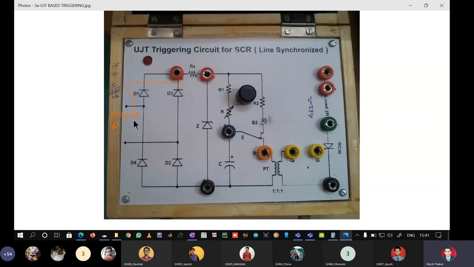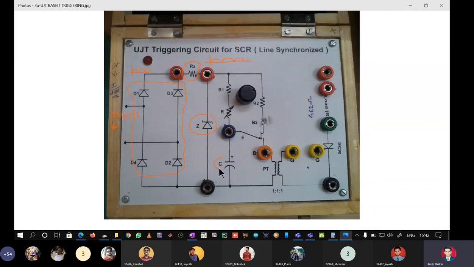And this is our bridge rectifier which we have shown. So here what we will get is a pulsating DC. This is the current limiting resistor which will make sure that the Zener acts in the Zener breakdown region, and the value Rz will be less than Rz max and greater than Rz min. This Zener will be as chosen, and here what we will get is the waveform something like this. And this is our normal UJT triggering circuit.